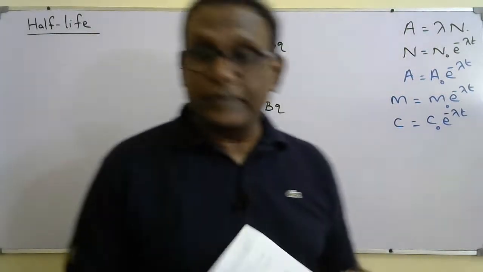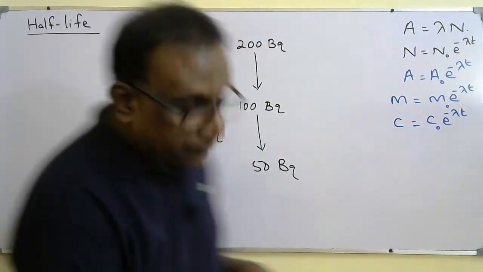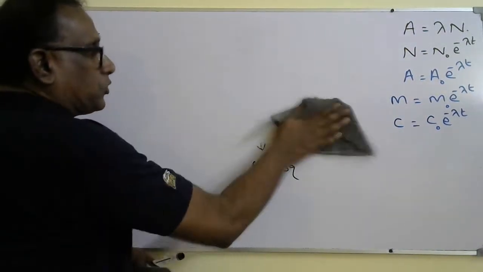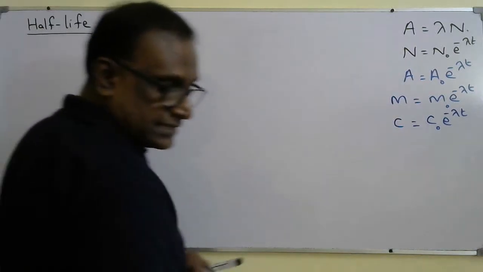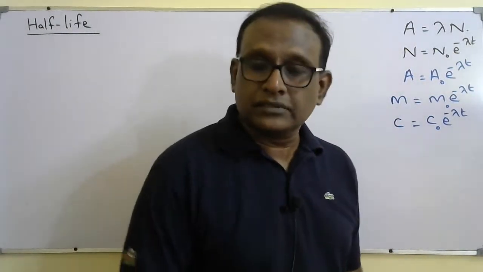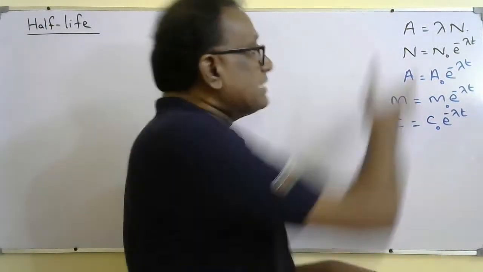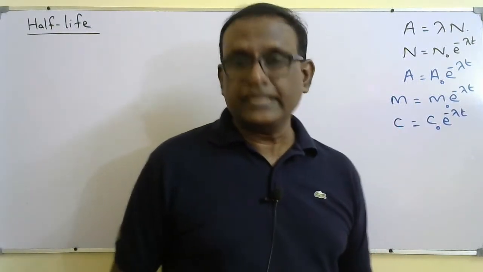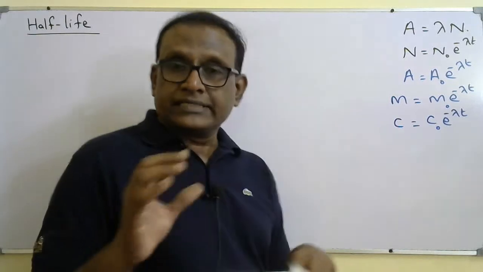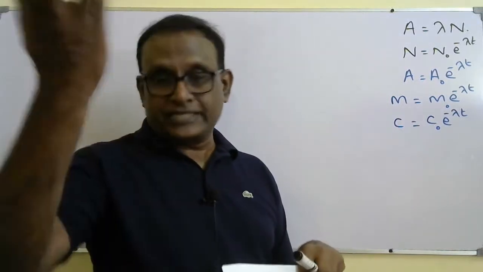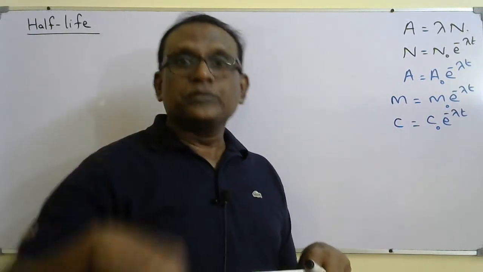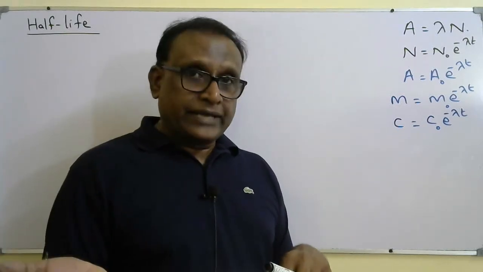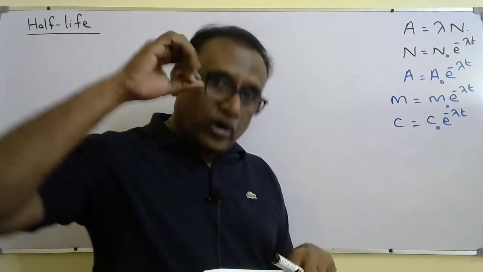We will see mathematically. Even though we say that it's a random process, radioactive decay obeys this mathematical model when there are a larger number of radioactive nuclei. We'll see whether it is possible for the activity or the number of radioactive nuclei to become half of the previous quantity for any value.